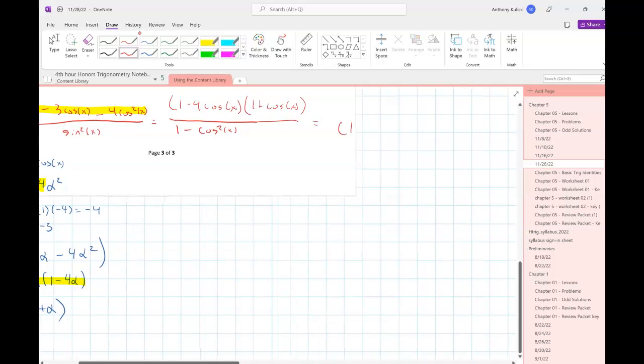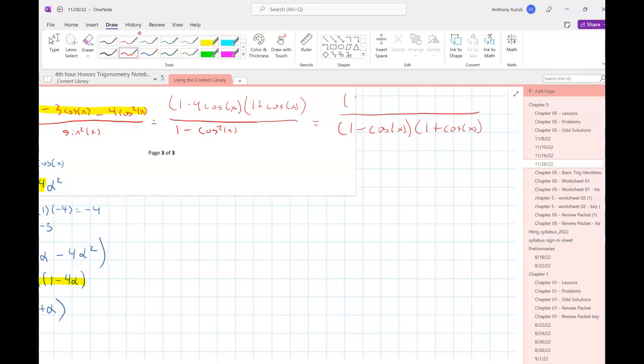And then if I just factor my denominator as a difference of two squares, I get exactly what I needed after I reduce. And I'm done.